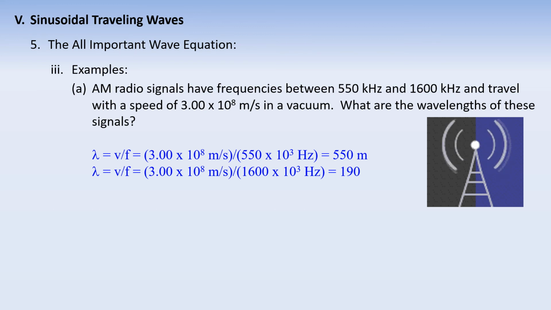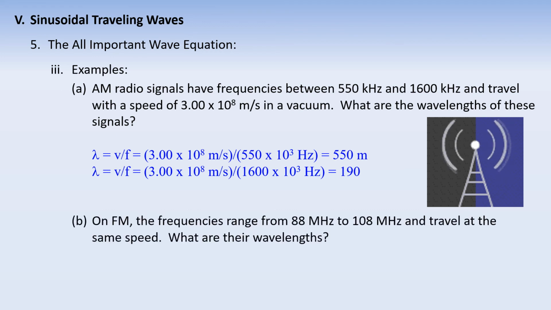Notice that the lower frequency wave, the 550 kilohertz radio signal, had a much longer wavelength. When we shift our attention to FM frequencies and FM wavelengths, you may have noticed these numbers 88 and 108 on your radio dial. These are in units of megahertz. So these are much higher frequencies, on the order of 1,000 times higher than those of AM radio signals.